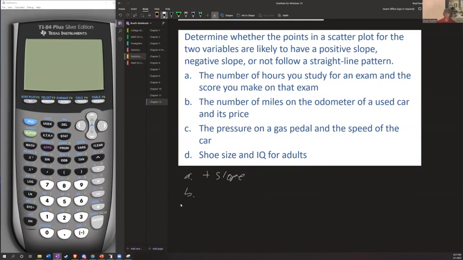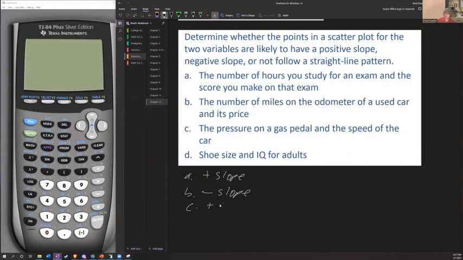The number of miles on the odometer of a used car and its price. Well, the more miles there are on a car, the less valuable the car is going to be. So that's going to be a negative slope. Pressure on a gas pedal and the speed of the car. So as you push down more with your foot, the speed goes up.